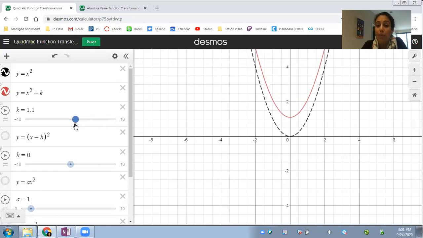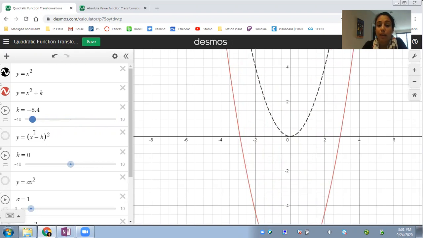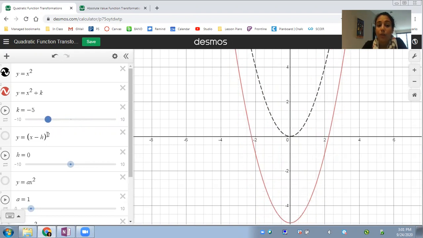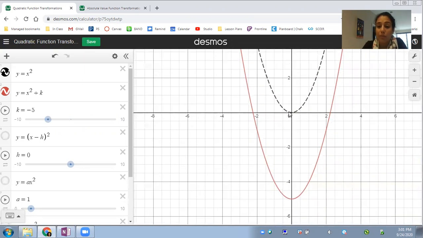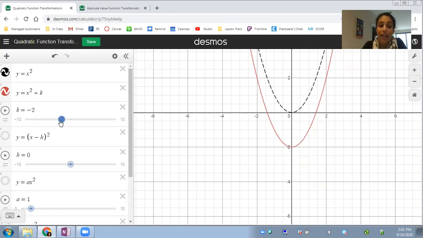Well, we move it up. Well, what happens if we subtract a number, right? What if it was x squared minus 5? Well, then it moved down 5 units. If you notice, it went from 0, 0 as our vertex to 0, negative 5. Okay, so we know that that k on the end, it moves it up and down.